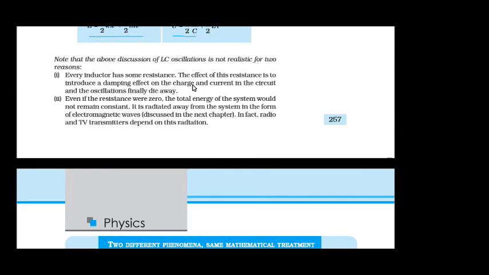Note that the above discussion of LC oscillations is not realistic for two reasons. First, every inductor has some resistance. The effect of resistance is to introduce a damping effect on the charge and the current in the circuit, and the oscillations finally die away.